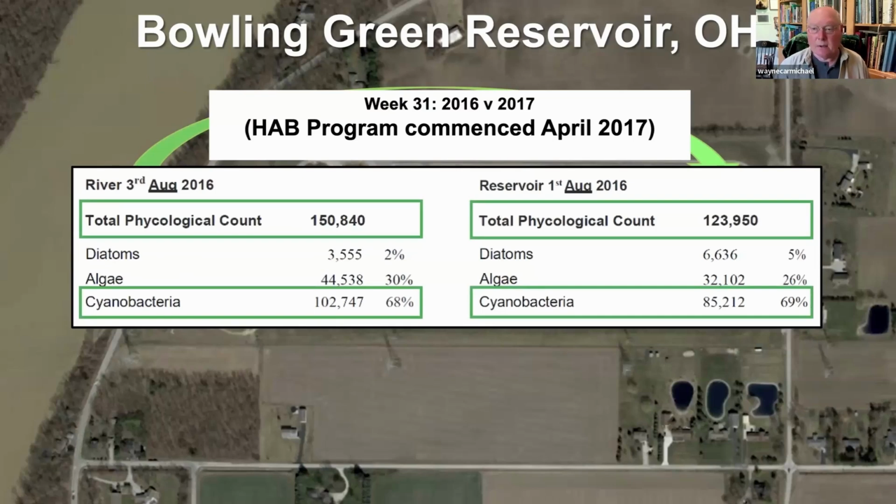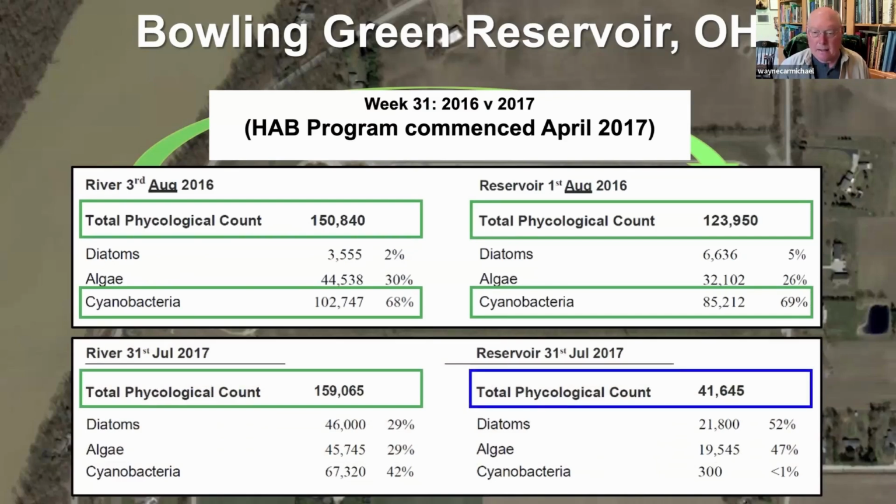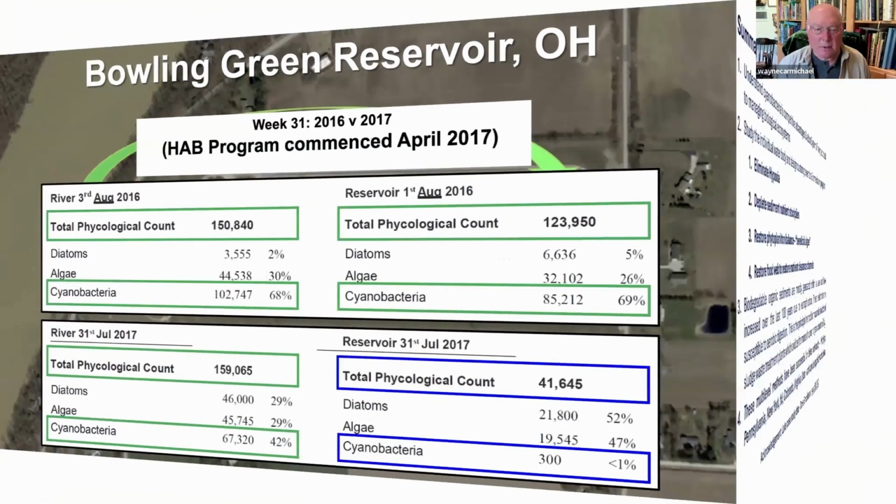That was unacceptable. Following treatment, July of 2017, the total phycological count was 160,000 in the river, and in the reservoir reduced to 41,000. Cyanobacteria went from 42% in the river in 2017 to less than 1% in the reservoir.